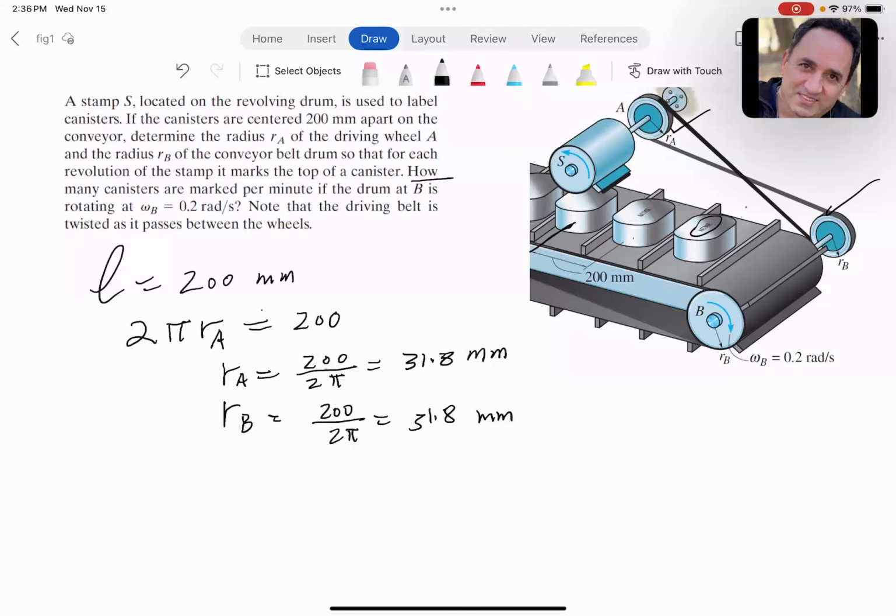Now, it says how many canisters are marked per minute based on the rotation of this wheel.